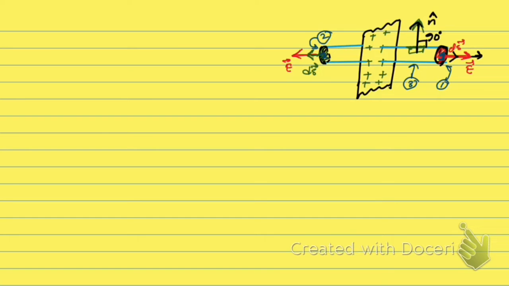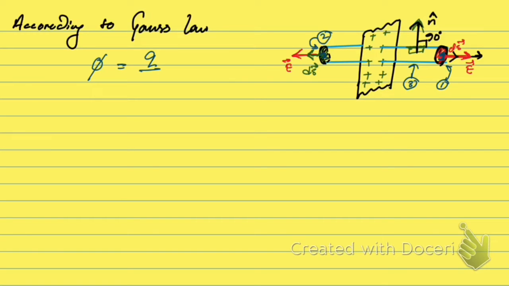So according to Gauss law, flux through any surface, that is phi, must be equal to the charge enclosed by the Gaussian surface divided by epsilon naught.